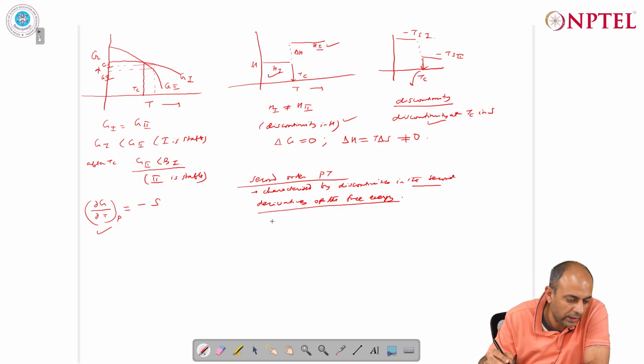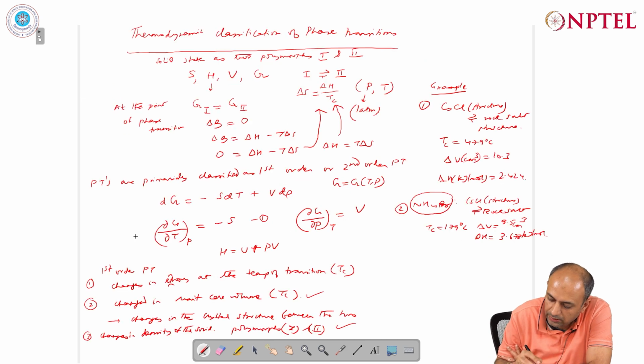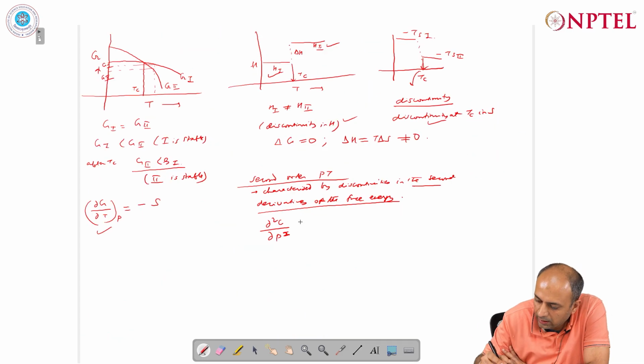So we are now going to look at these quantities, that is del square g by del p square. This is equal to dou v by dou p, which is actually minus v into beta, and beta is called the compressibility of the substance.